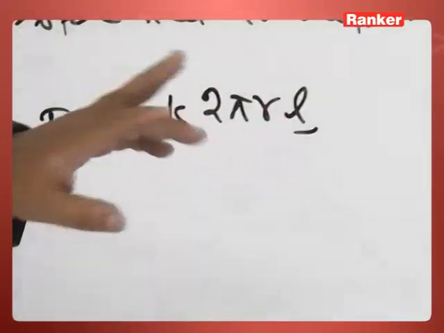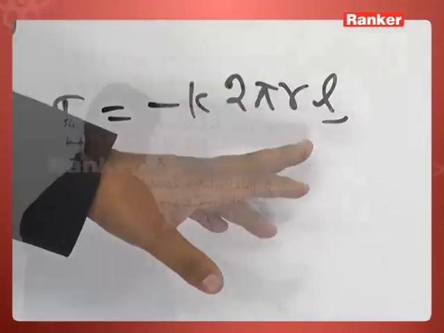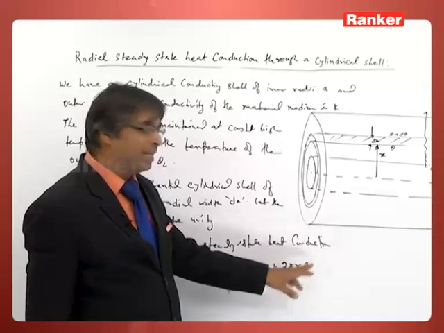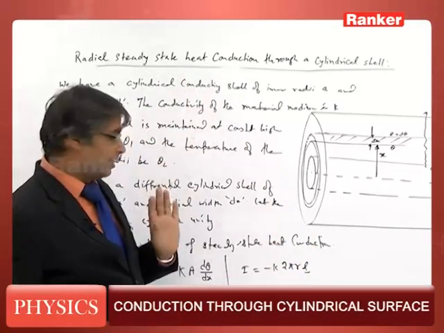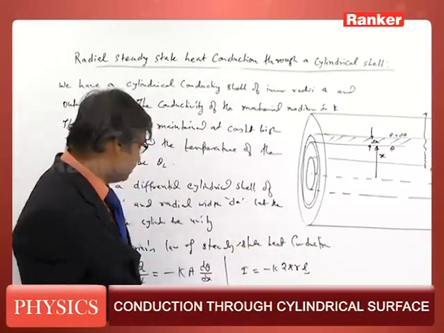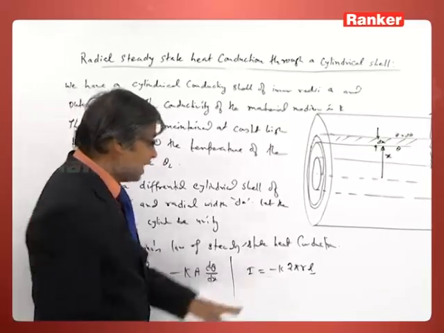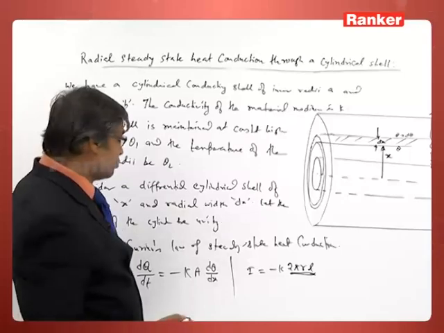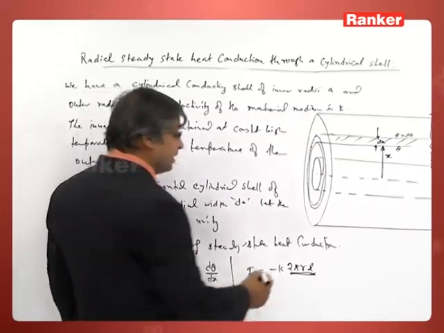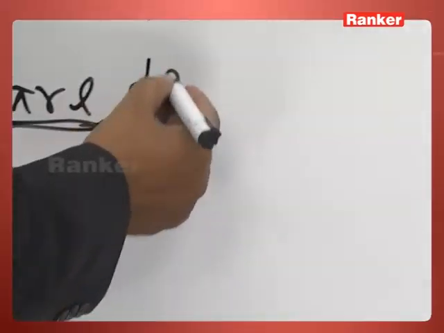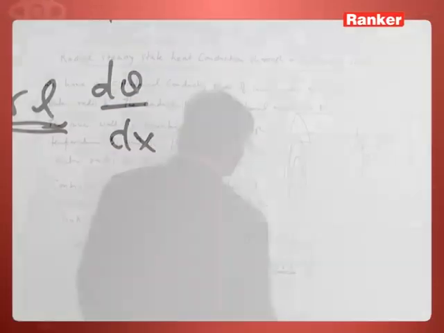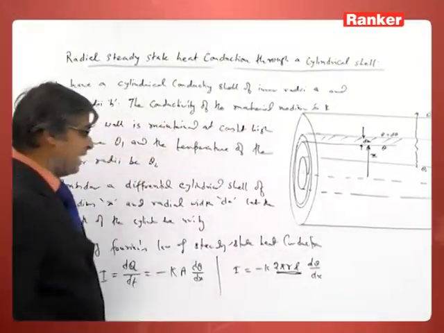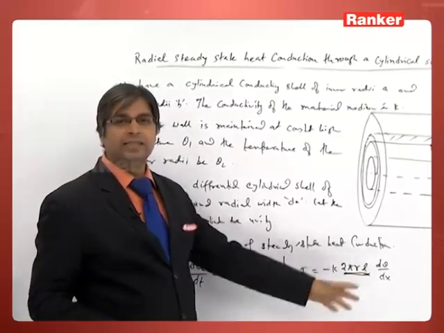But L I have taken as unity. Presently I am writing it, but I will leave it because L will be 1. In the next step I will write. Presently let it be here to tell what this area is. The area of cross section is 2 pi r L, and d theta by dx is d theta upon dx. We will integrate to get the desired result.